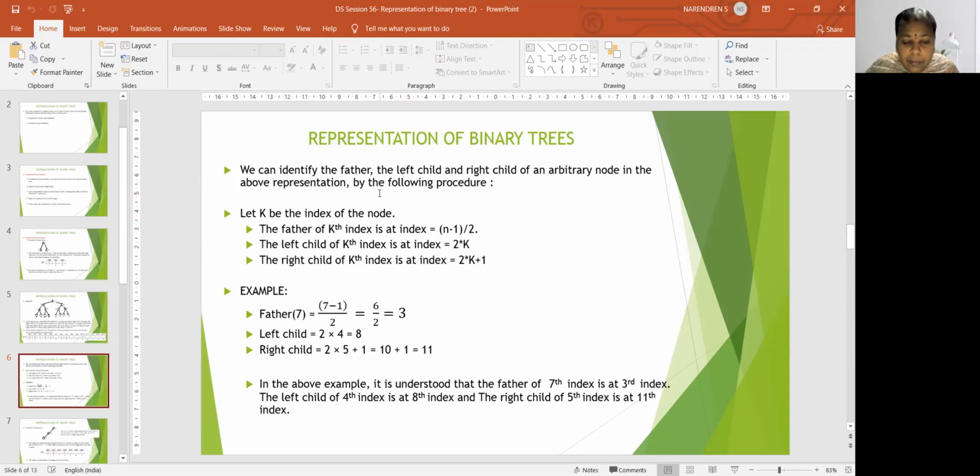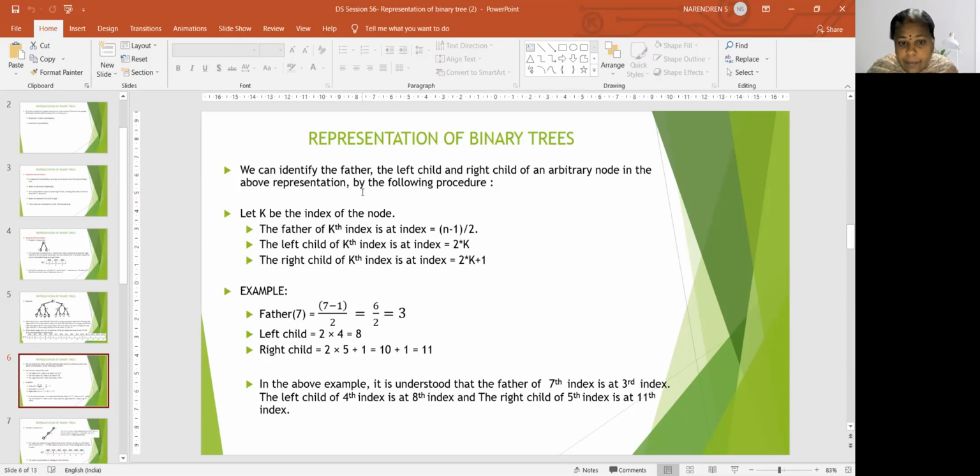The father of the kth index is (n minus 1) divided by 2. So the number of nodes minus 1 divided by 2 is the father index.